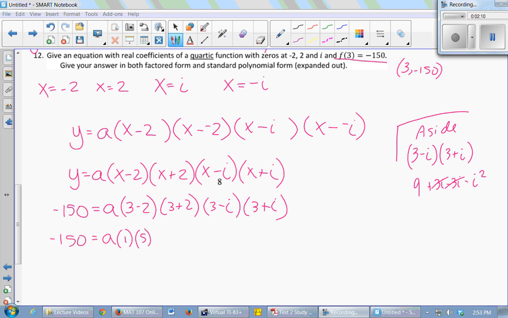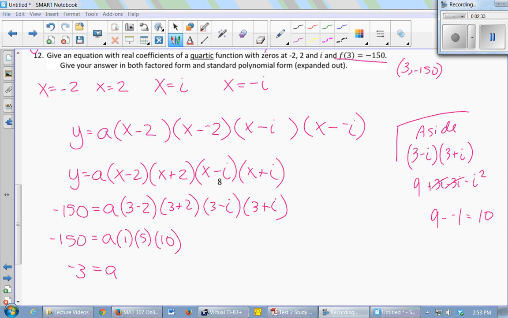The 3i's go away, and i squared is really -1, so this is 10. Okay, so this is a times 50 equals -150. Divide both sides by 50, and a is -3.